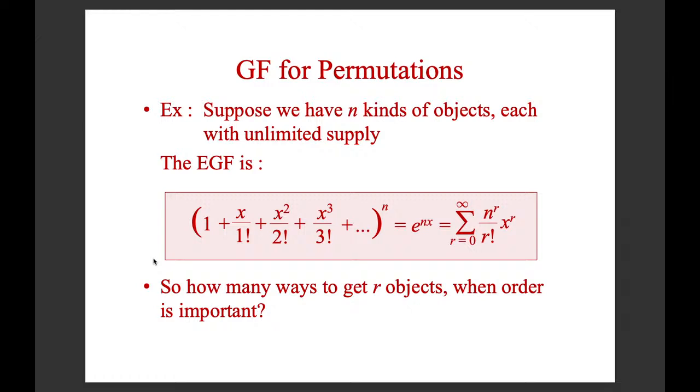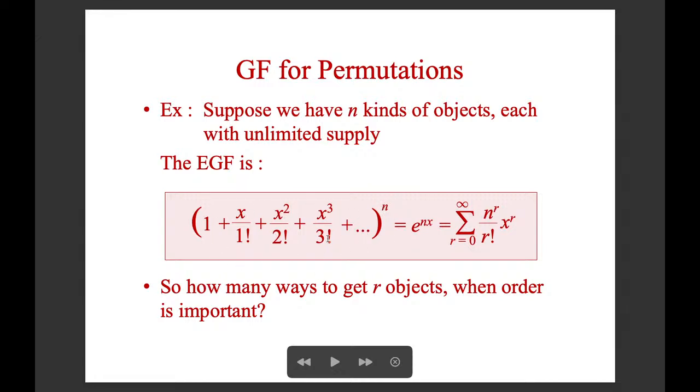Okay, now let's look at another example today. Suppose that we have this time n kinds of objects, and each of them has unlimited supply. If we look at one particular object, the corresponding EGF will be this one: 1 plus x over 1 factorial plus x squared over 2 factorial, and so on.